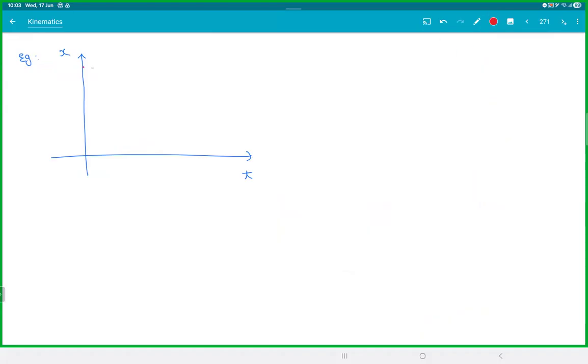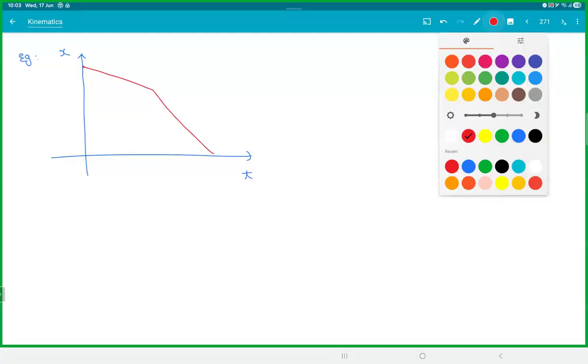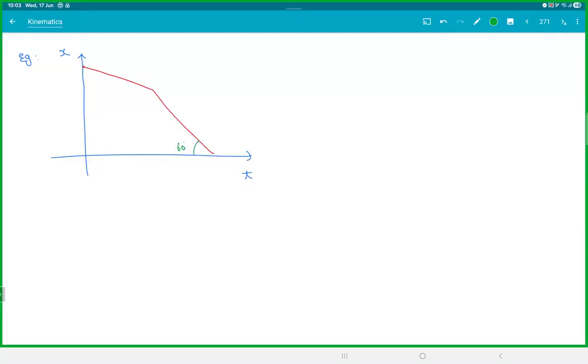Let's say the graph is 60 degrees. Let's say this is 45 degrees. Let's say this is 10 meters. This is 5 meters. Yeah, this was the thing. Can you tell me what happened?